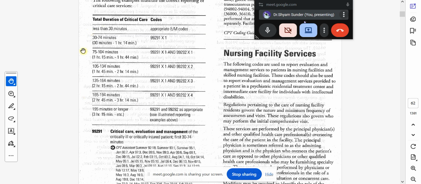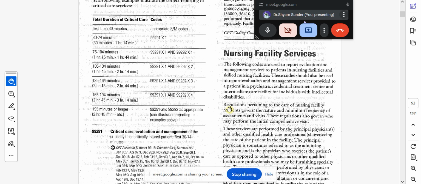We have a table here. Using this table, if you know the duration, these are the codes you have to assign. For example, critical care services are given for 2 hours, 120 minutes.